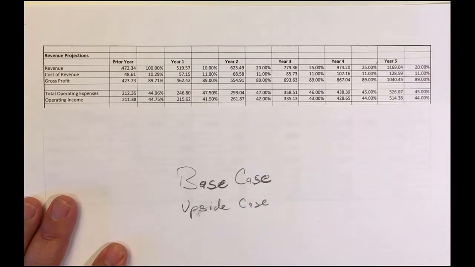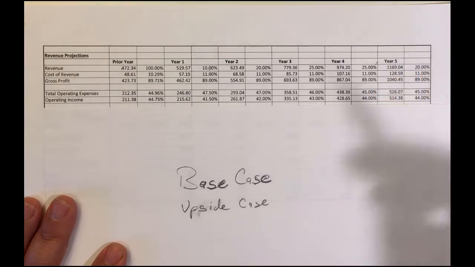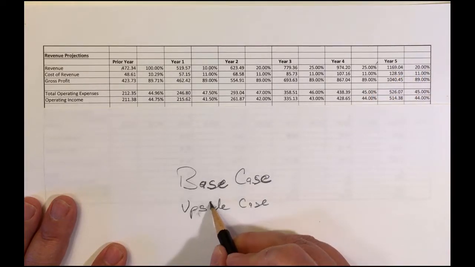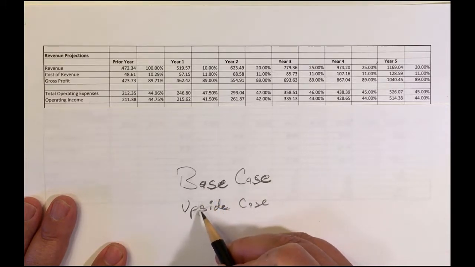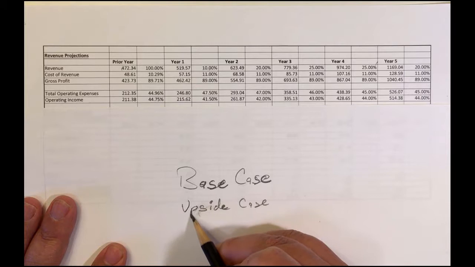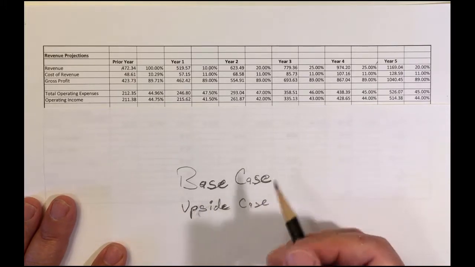So if China turns out to be a place where they can actually double their business and not much more quickly, or triple it or so on, that's an upside case, right? But what we're saying is, because we're going to use the base case, we're not counting on that upside case. That would just be gravy, if you will, from the investor perspective.